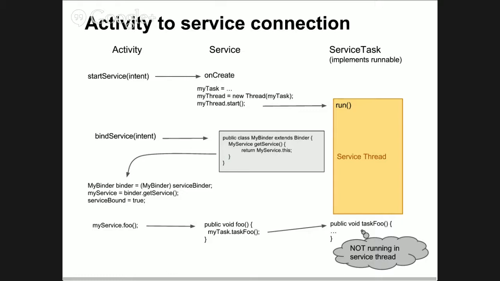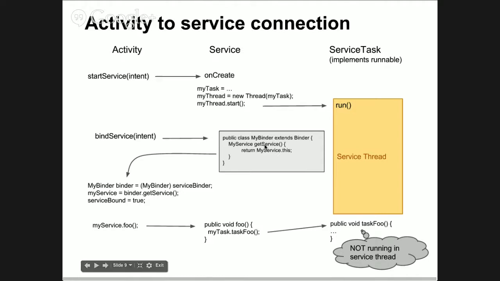So you need to call bind intent. This will essentially activate this binder extension that you have to define in your service, and it will return what you want. I define a method getService. Typically, this is my shortcut.